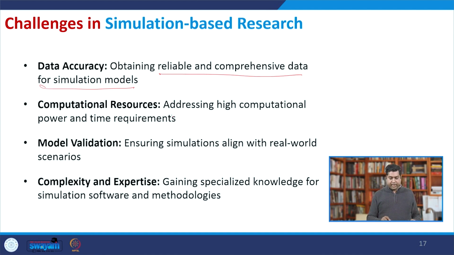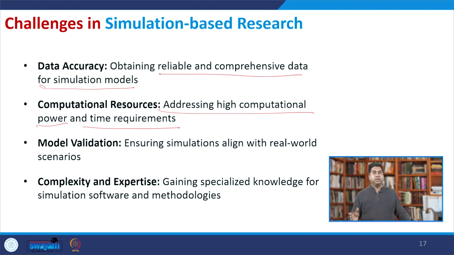Computational resources: addressing high computational power and time requirements. So I have shown you some of those kind of simulations, some output of those software, but it needs a high computational system. It requires certain sort of GPUs. So for such kind of thing you need some money, because with our normal computer maybe that software will not run, or even if it runs, it will take more time.